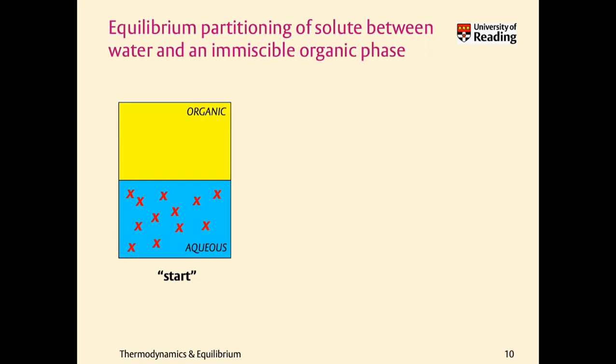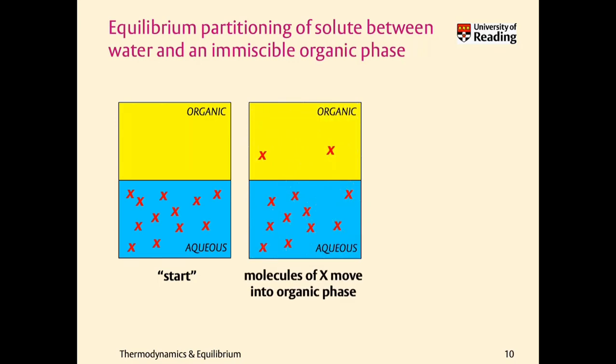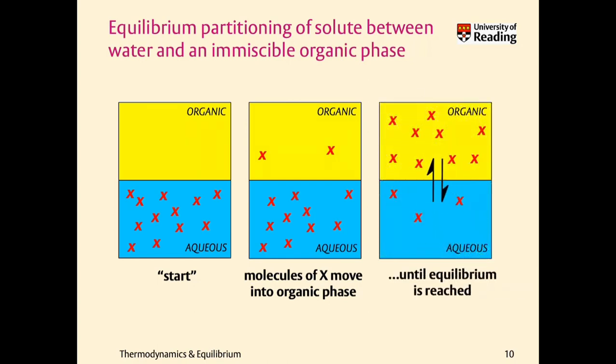In this diagram, our drug starts in the aqueous phase, and we will be able to see it move or partition into the organic phase until an equilibrium is reached. So you can see that molecules will gradually cross into the organic phase. These are two immiscible phases, so they don't mix, until we get to a point of equilibrium where the same number of molecules are going from the aqueous phase to the organic phase as are going from the organic phase to the aqueous phase.